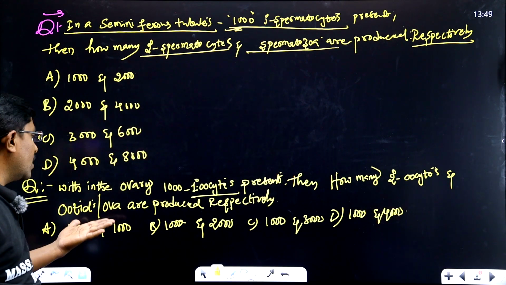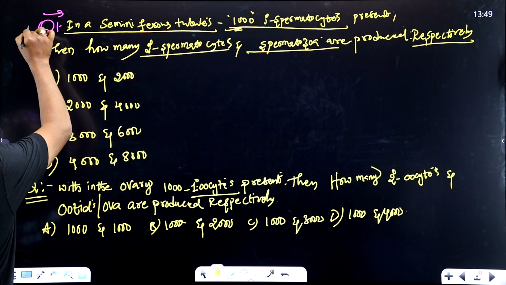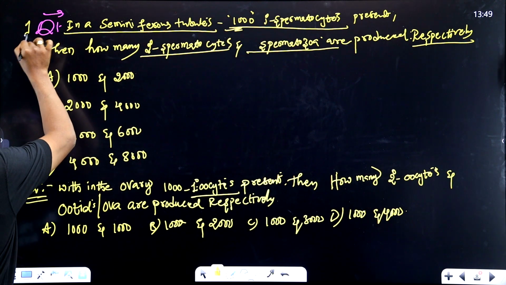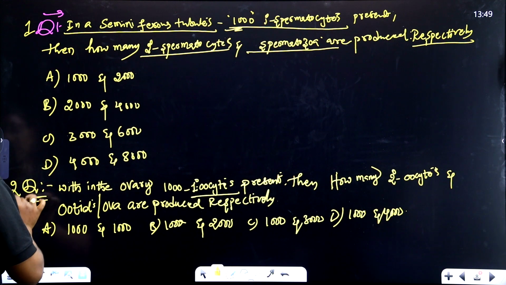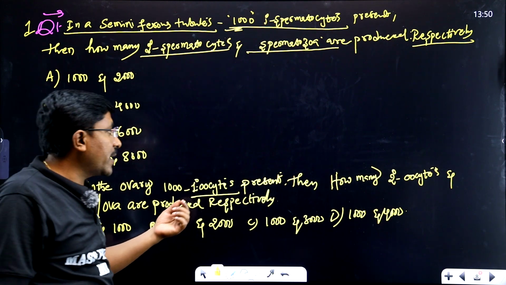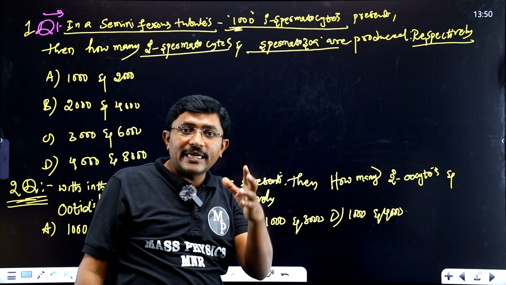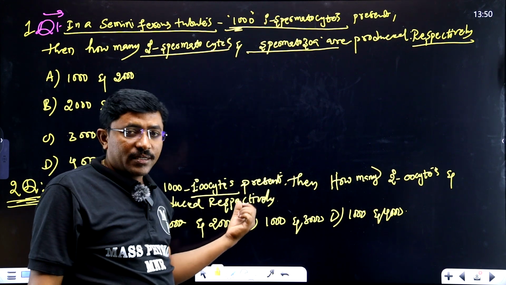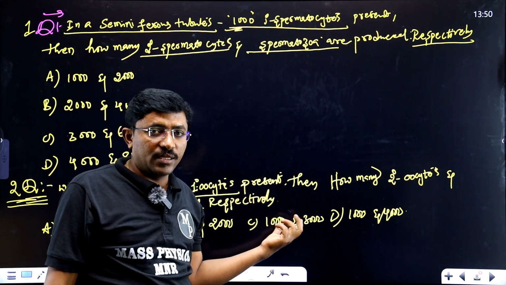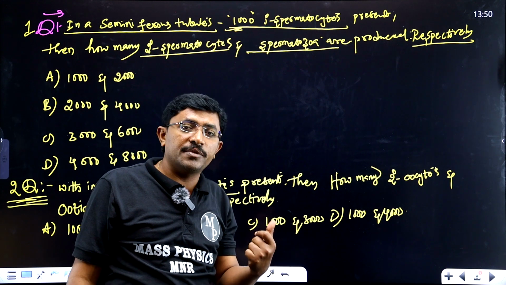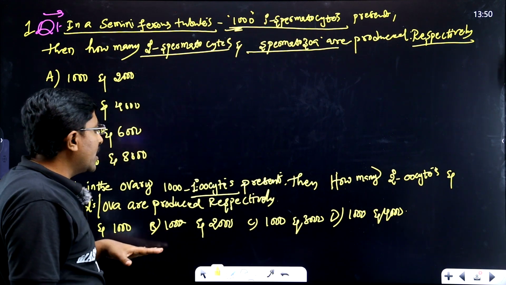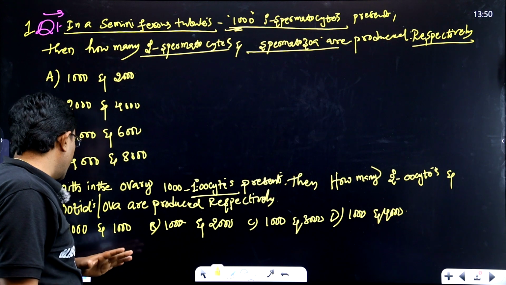What is the answer for the first question, and what is the answer to the second question? As my class, you tell and write the answer within the link. Some message option is also there, you can send the answers to me, okay, very important.